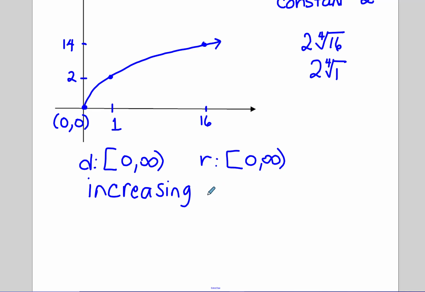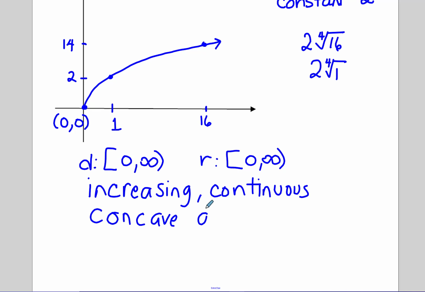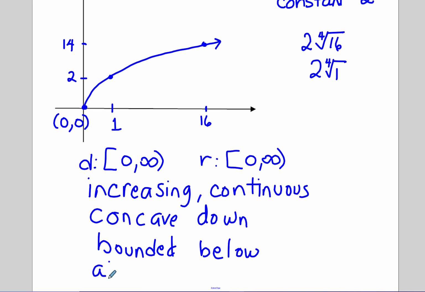It's concave down, and it's bounded below, and a minimum value is 0. That would be an absolute minimum. Okay, so we pretty much analyzed that.